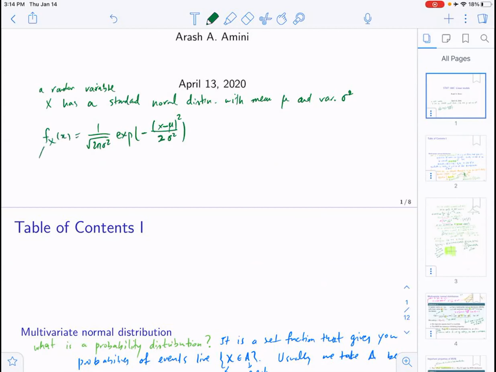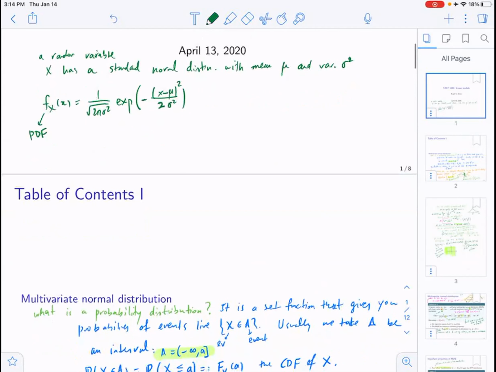Yeah, so this is the probability density function, which is not exactly a probability. What does it mean? It's a density. What does density mean? The probability of X being between two bounds is the integral of the probability density function evaluated between those bounds.